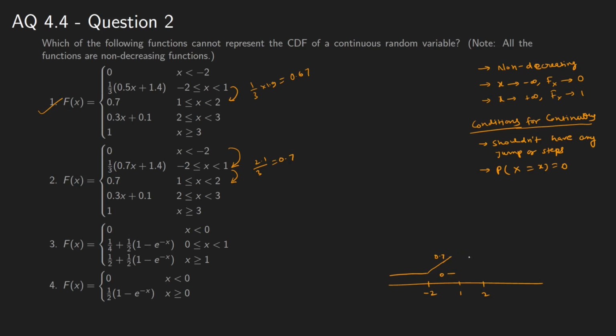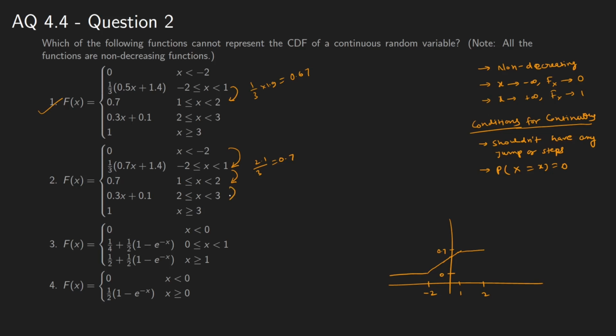Here it should be as this line approaches x equals 1, it becomes equal to 0.7. So the next part of the function becomes a constant function from 1 to 2. So you can see that there is no jump. This line, as x approached 1, its value became 0.7, and the next piece of the function picked it up from 0.7, so there was no jump.